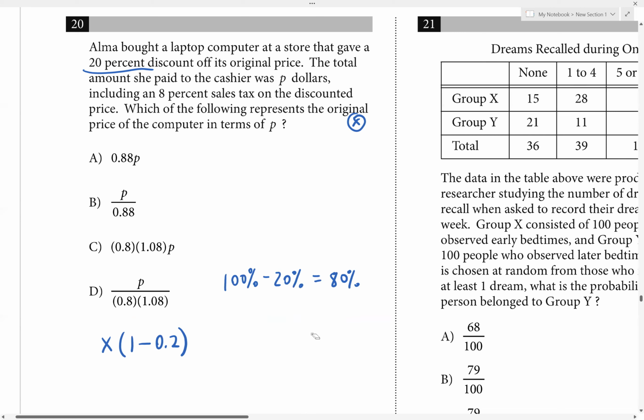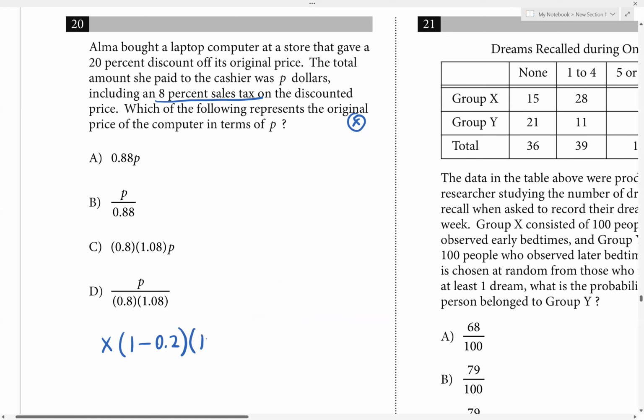And then, after a percent decrease, we still have to pay a tax, right? 8% sales tax. So the tax is added on top of the price. So this is a percent increase. We're going to increase it by 8%. Increasing by 8% means we add it to 100%.